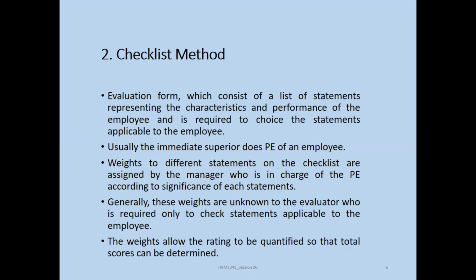There is no weight system appearing in the performance evaluation form. But when we evaluate or quantify, there is a weight system for the different statements. What is a weight system? When we move to the checklist method, there are several statements.